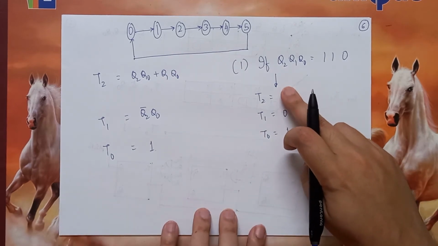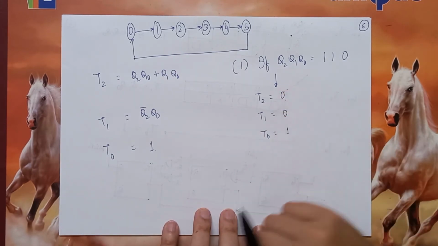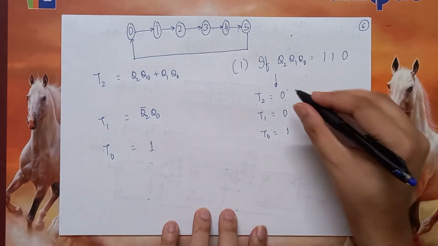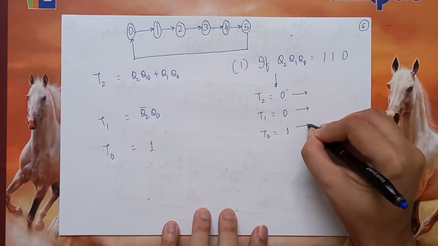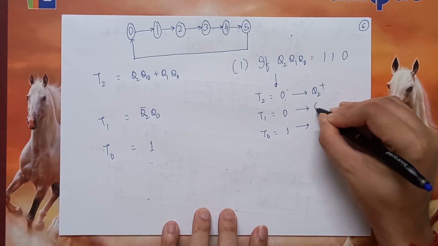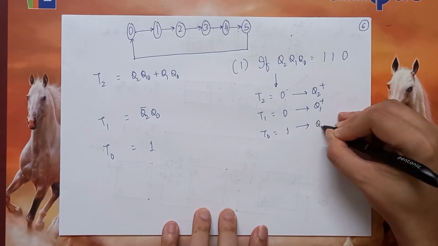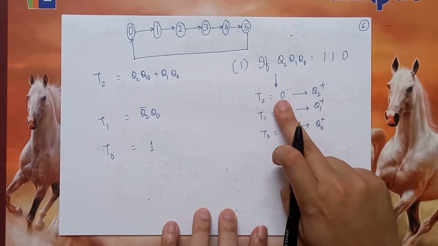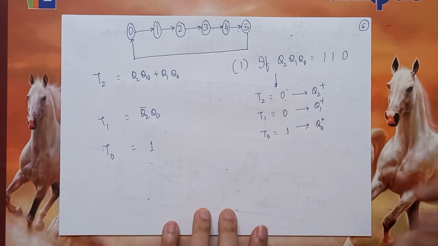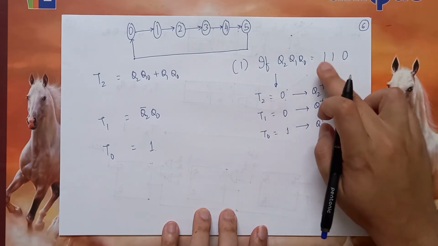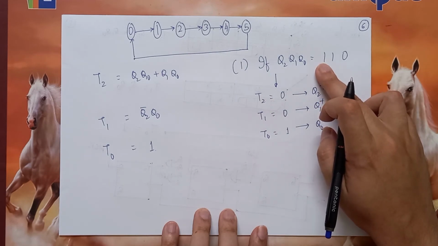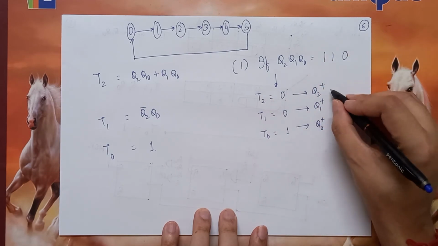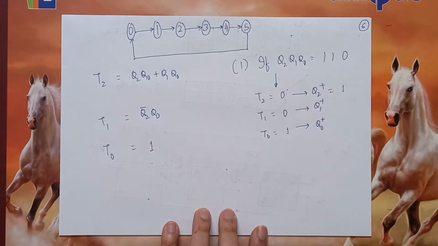And T0 is always 1. Now we know the value of each of the T's, and we know the present state. So from this we can calculate the next state, that is Q2 plus, Q1 plus and Q0 plus. When T2 is 0, Q2 is 1, so Q2 plus will continue to be the same as Q2.